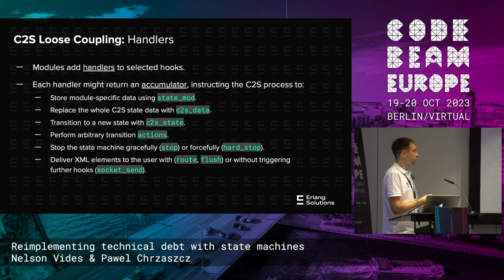One of them would be to store some module-specific data in the C2S process, or to transition to a new state, to perform some actions. These are gen_statem actions, and stop the state machine or deliver some XML elements to the user.